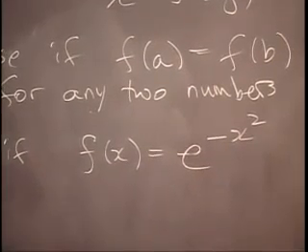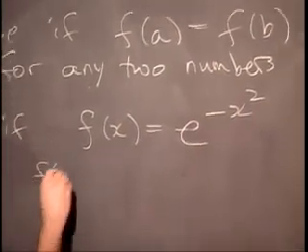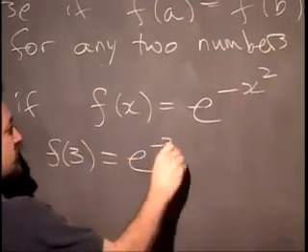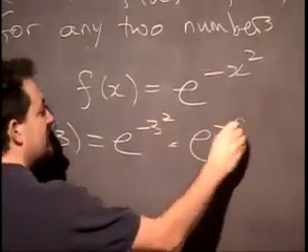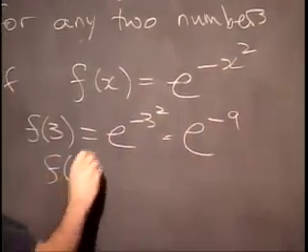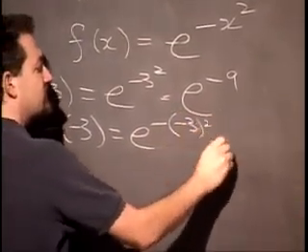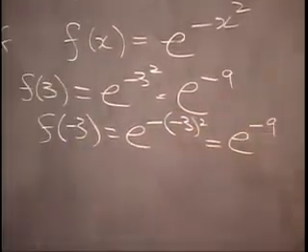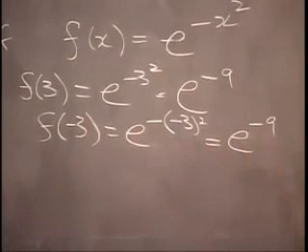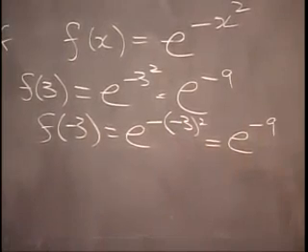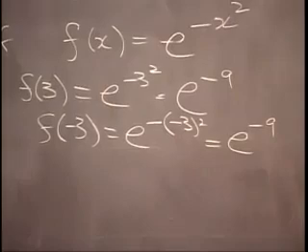So, for example, f of 3 is e to the minus 3 squared, which is e to the minus 9, and f of minus 3 is e to the minus 3 squared, which again is e to the minus 9. And actually that's enough to show that f has no inverse.